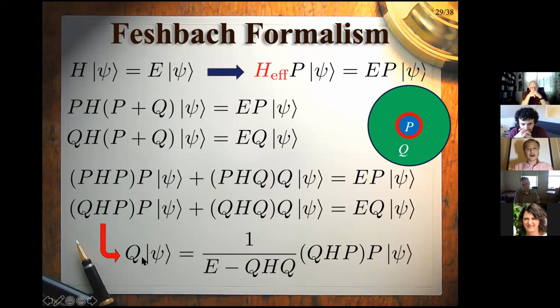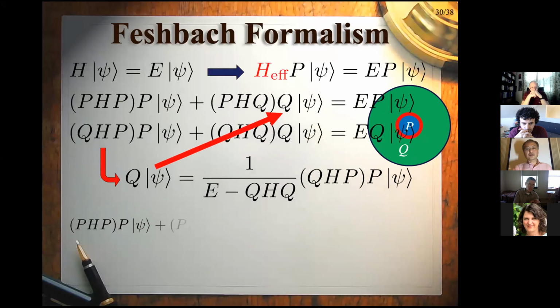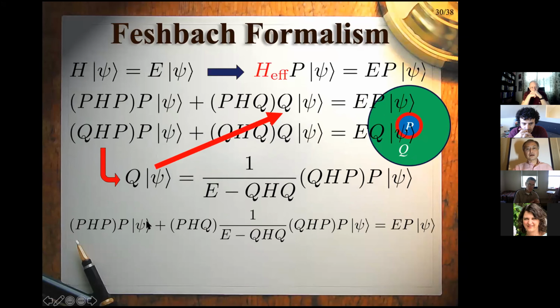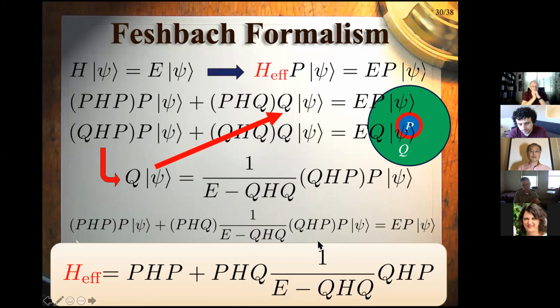So I find Q psi in terms of P psi, and I insert this into here, then this equation gives the equation completely for P psi. That's the algebra. If I insert this, then I find this. Do you agree? Then, comparing this equation with the equation that I wanted to find, I find that the effective Hamiltonian is this.